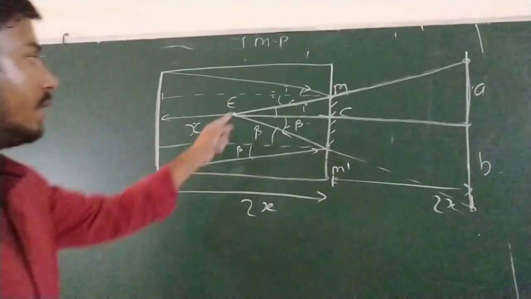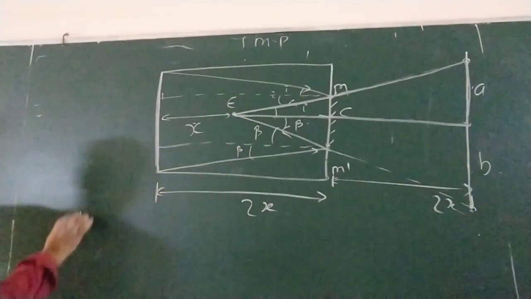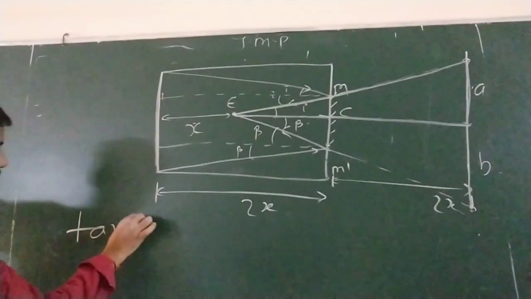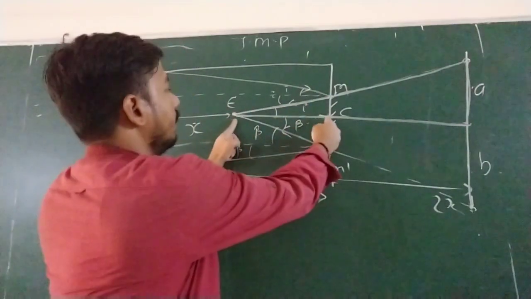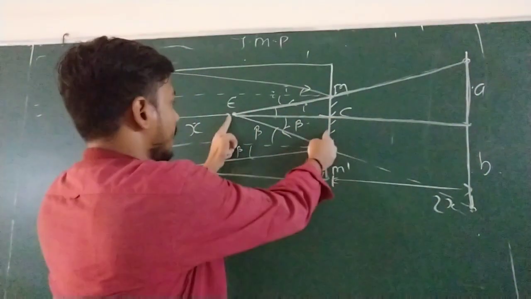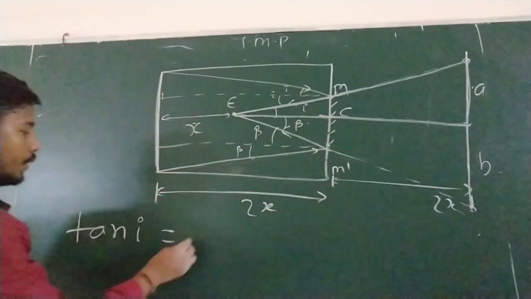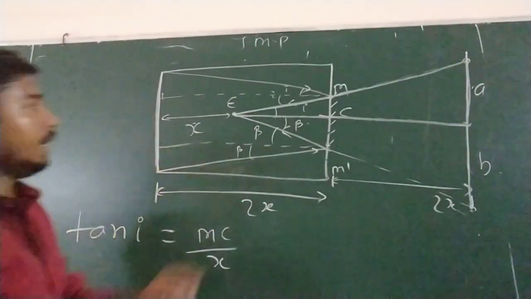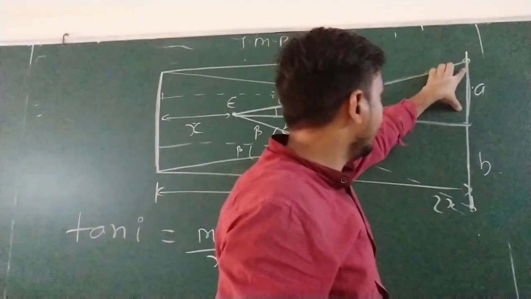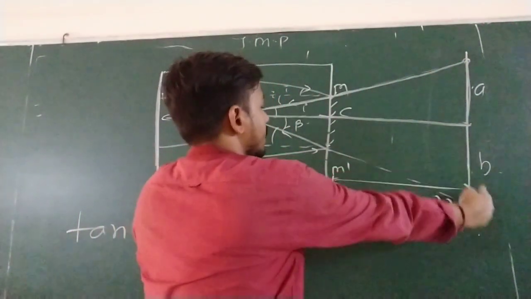If I write here tan I, in the smaller triangle tan I becomes MC dash by this distance, and this distance is what? X. So MC dash by X. In the bigger triangle, what can we write? A by this total distance.